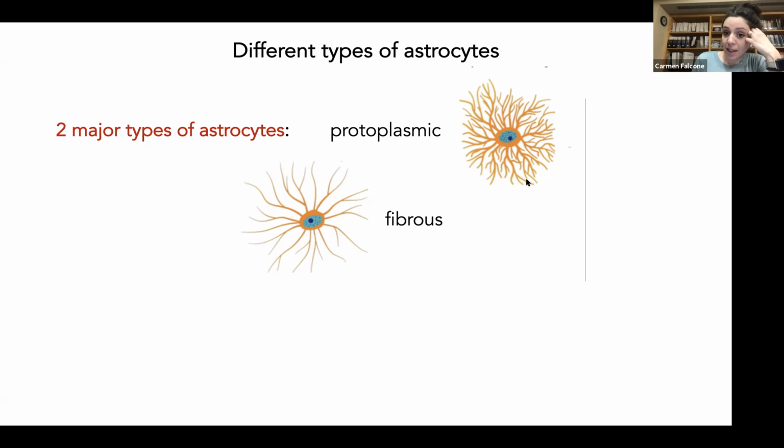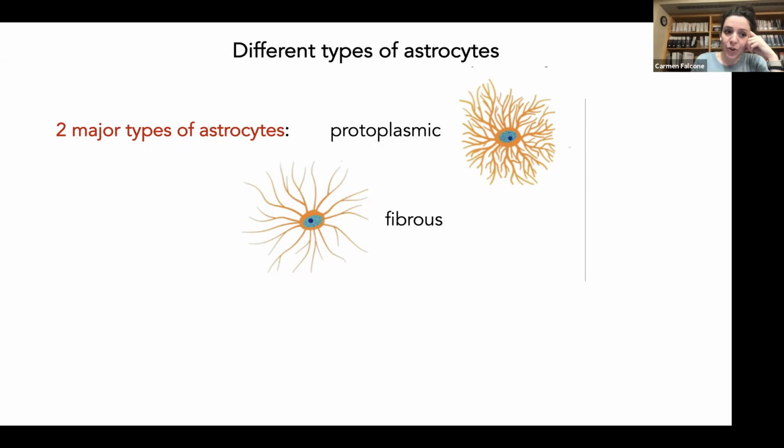The protoplasmic astrocytes are mostly present in the gray matter, so in layers 1 to 5, let's say, in the cortex. The fibrous astrocytes are mostly present in the white matter. I'm saying mostly because the division is not as discrete as it seems. Sometimes you can find both in the gray matter or white matter.